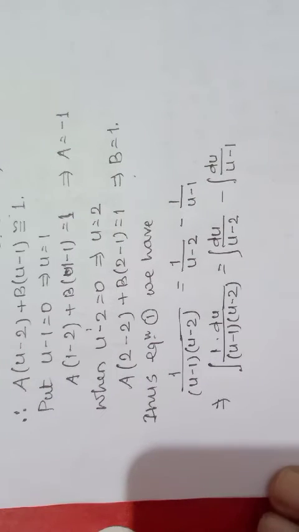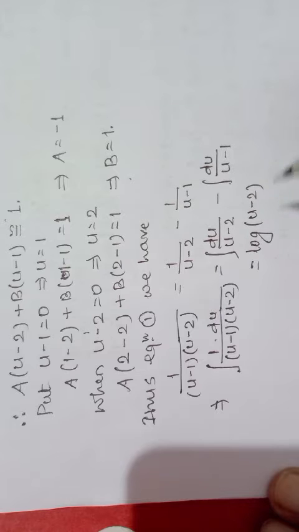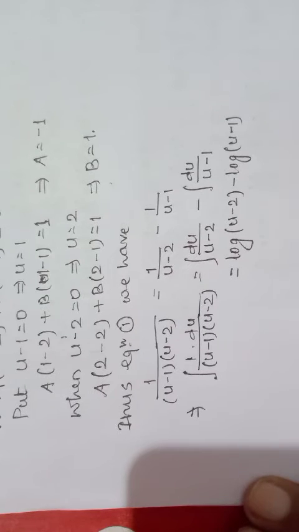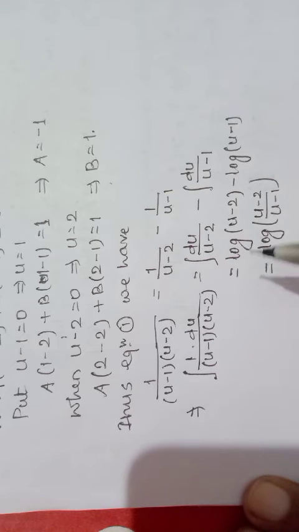Now integrate. Now integration becomes very simple. So it should be log|u minus 2| minus log|u minus 1|. Applying the log property, it should further be written as log|(u minus 2) upon (u minus 1)|. Now put down the value of u.